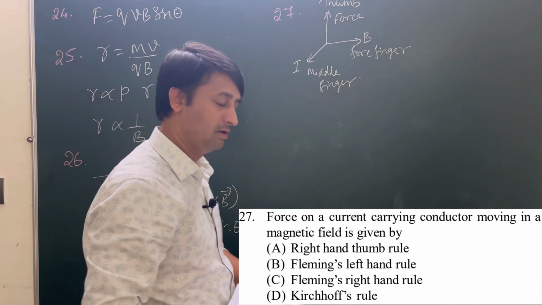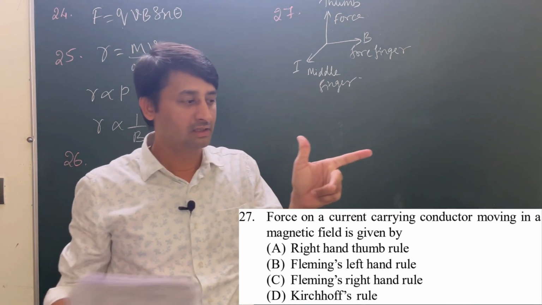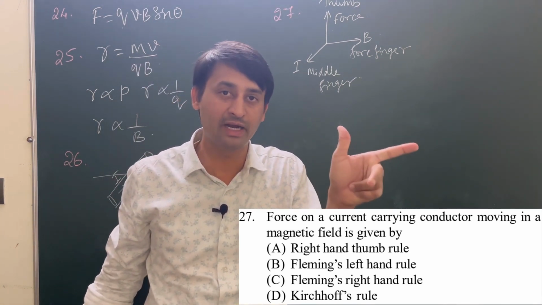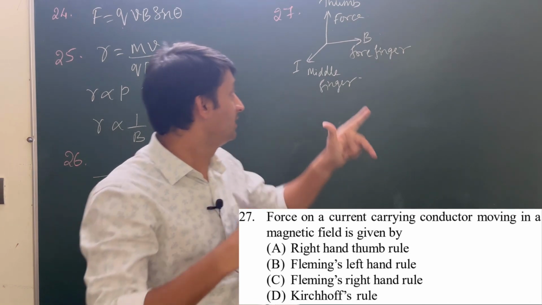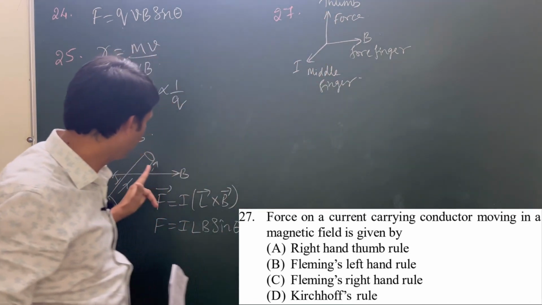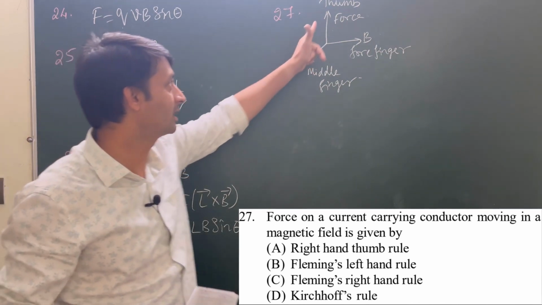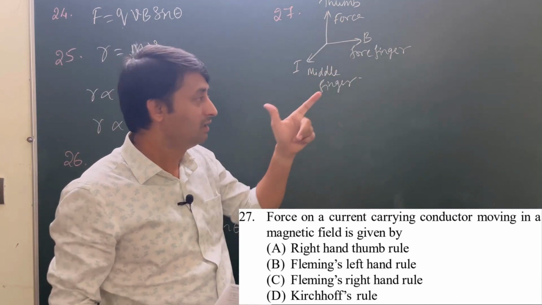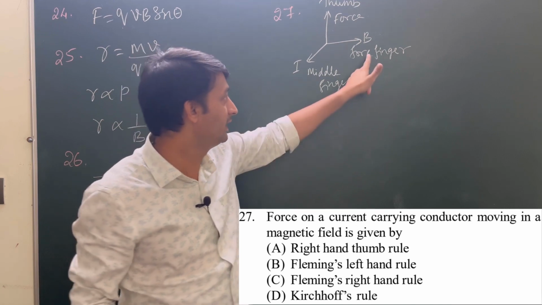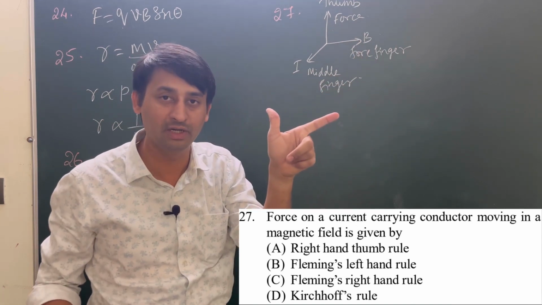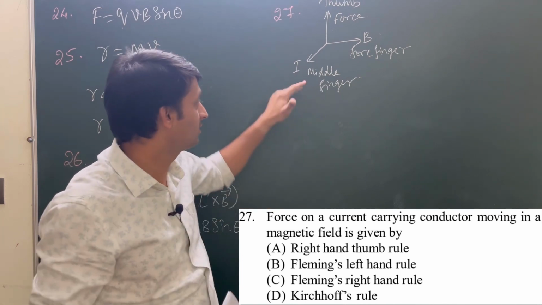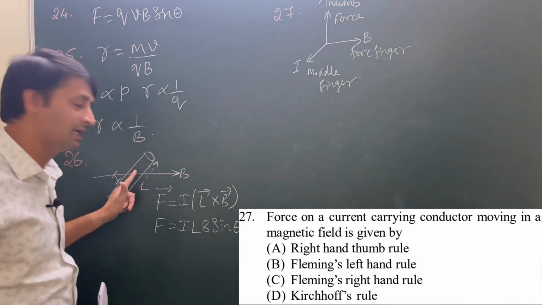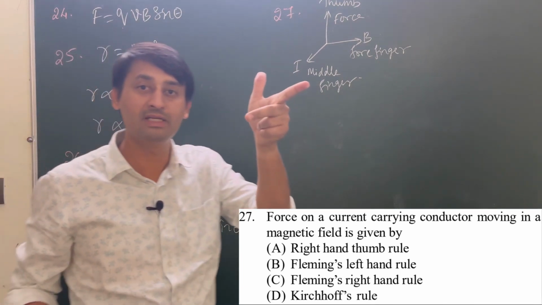Now if we place the first three fingers of the left hand mutually perpendicular to each other, the thumb gives the direction of the force acting on the conductor. The forefinger indicates the direction of the magnetic field, and the middle finger indicates the direction of the current flowing through the conductor.